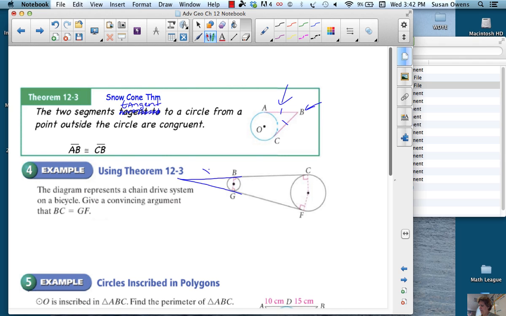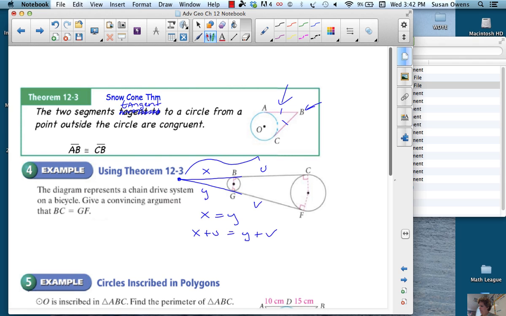And what I end up getting is two snow cones. So I can call this X, and maybe I'll call this Y, and I'll call this U, and I'll call this V. Well, there's two things I know. I know that X equals Y because of the snow cone theorem for the smaller circle. And I also know that X plus U equals Y plus V because it's the snow cone for the larger circle.